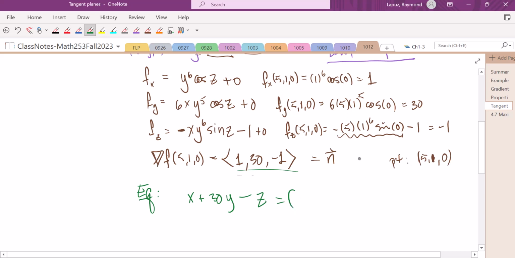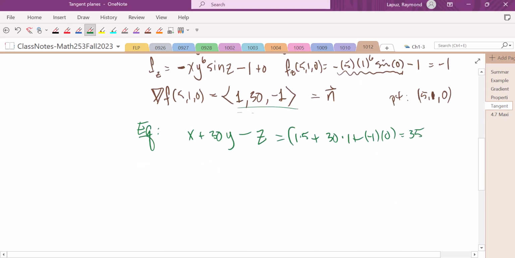This is our d, the dot product, 1 times 5 plus 30 times 1 plus negative 1 times 0. So that gives us 35, and that is our d. So our equation is going to be x plus 30y minus z is equal to 35.